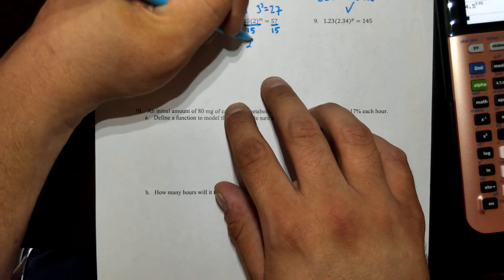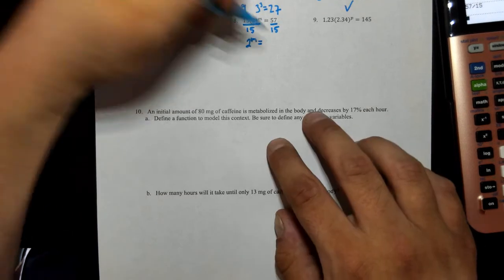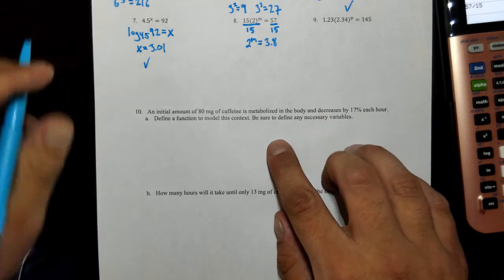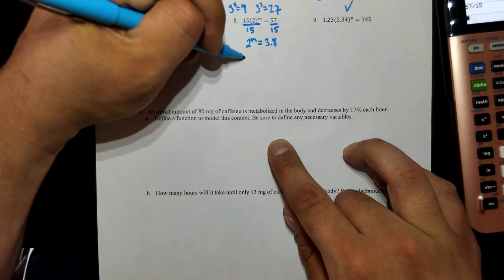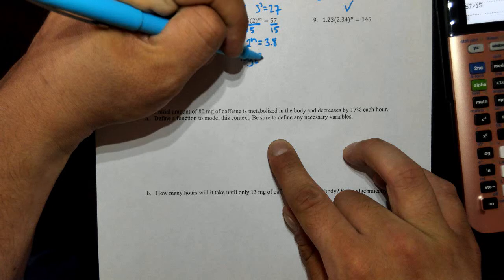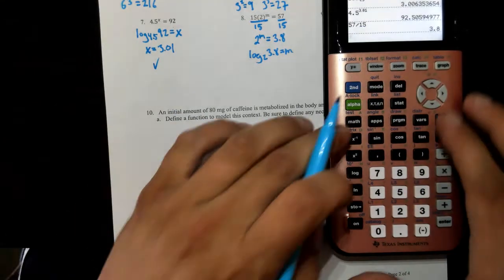So we have 2 to the m is equal to, let's see, 57 divided by 15, 3.8. And, okay, let's put it into log form now. So log base 2 of 3.8 equals m. And let's see what that gives us.